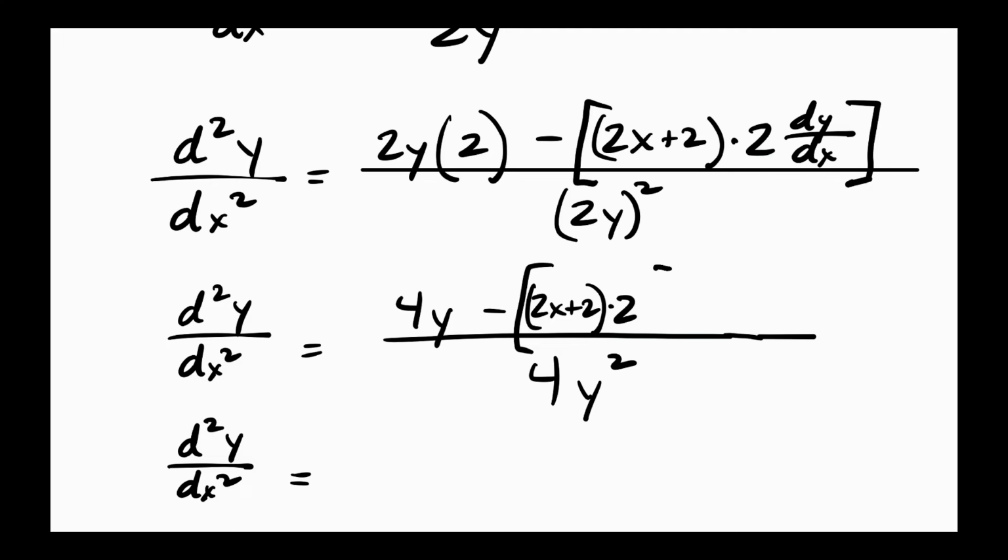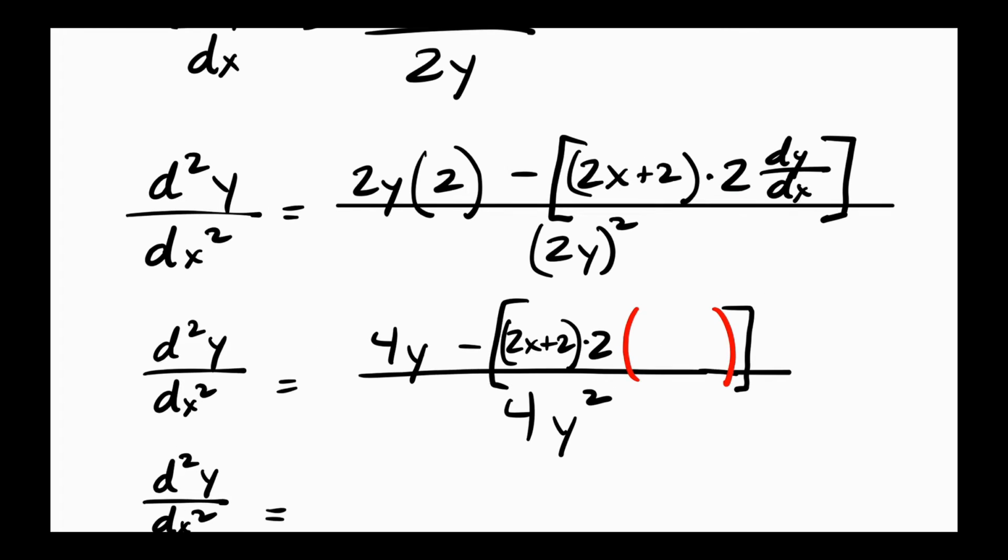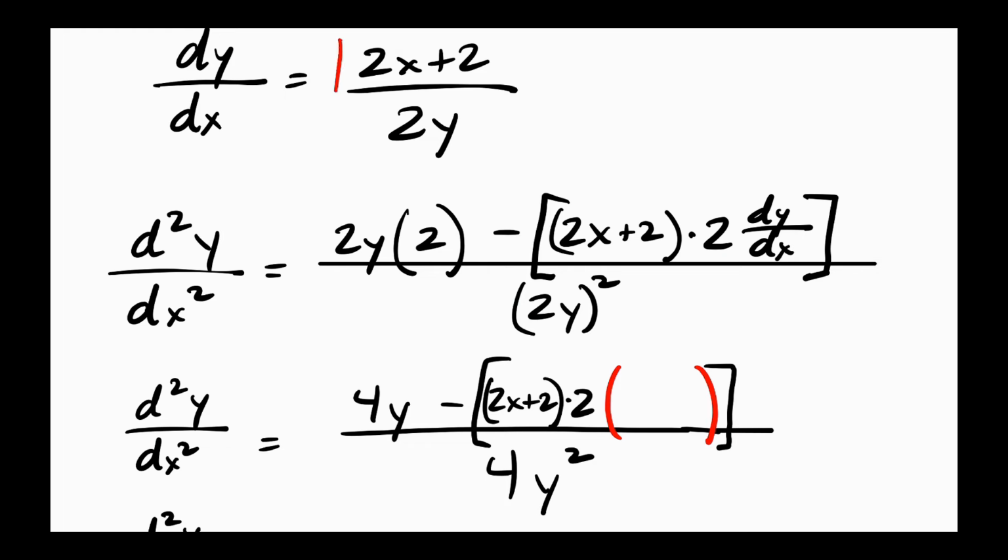Okay, let me change color here. Okay, so now where I had the dy dx before, I'm not going to write dy dx. What I'm going to do is write what it is. And we just figured that out earlier. It's right here: 2x plus 2 over 2y.